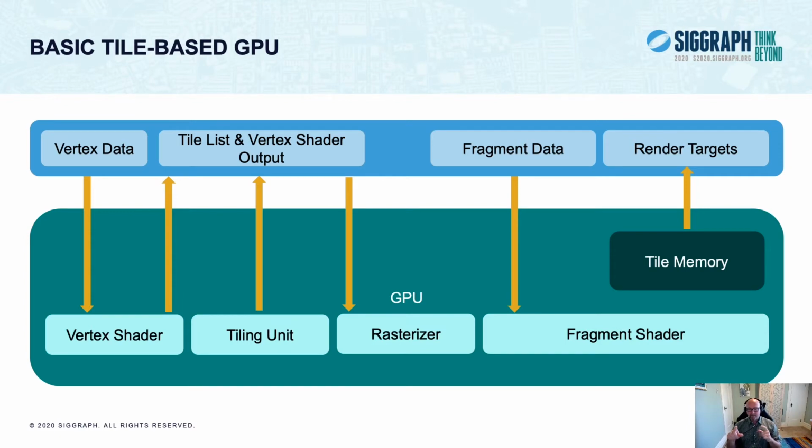There's one bin per tile of screen space. So for that grid we saw on the last slide, each one of those tiles would have a bin listing all the triangles that overlap that particular tile of the screen. This is the key piece. What this means is that all of the scene data, all the geometry, is processed well before we ever get to the rasterization and fragment stages.